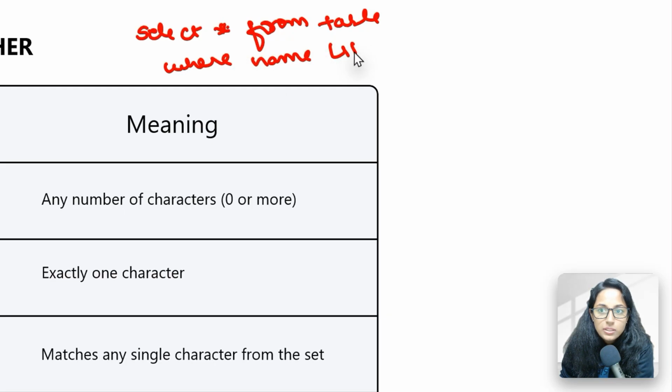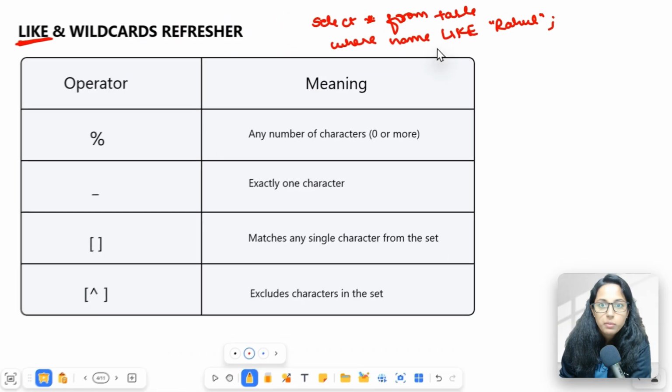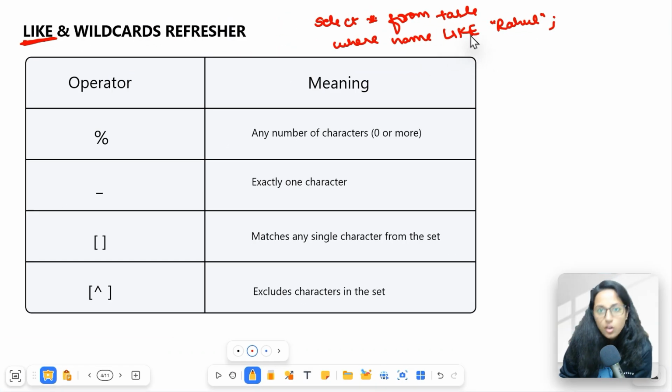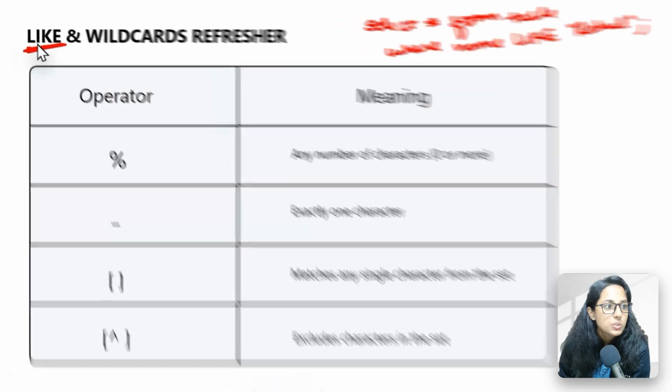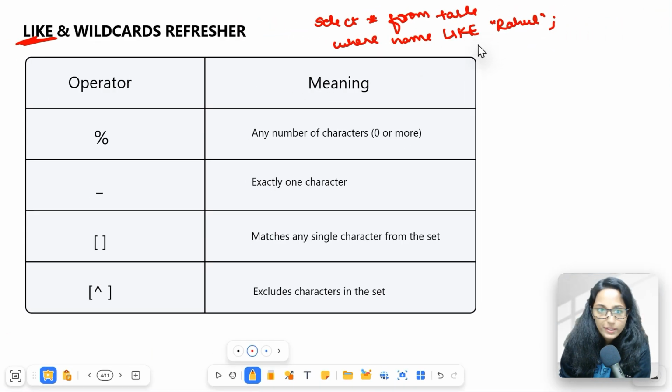Then I will use name like 'Rahul'. Then this query will give me the complete details of the students which have the name Rahul. So that's where we use the LIKE keyword in SQL queries.